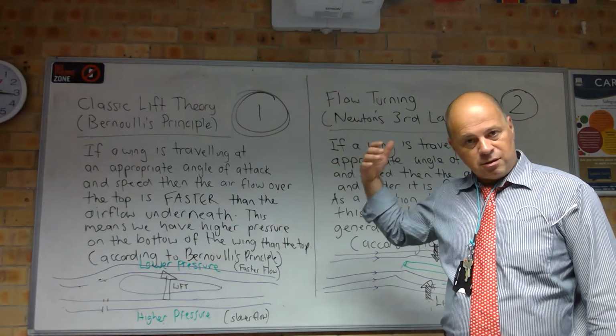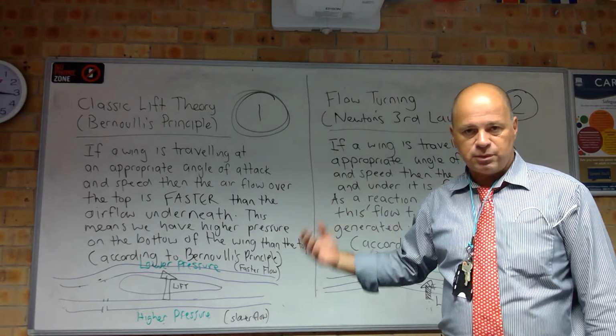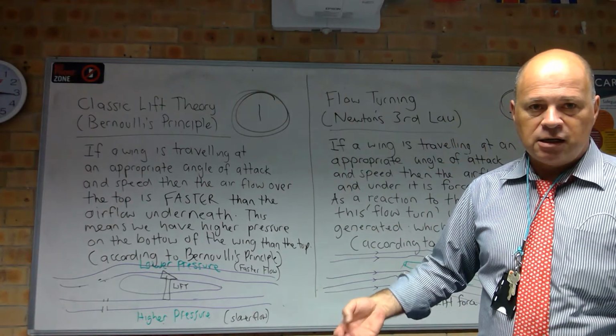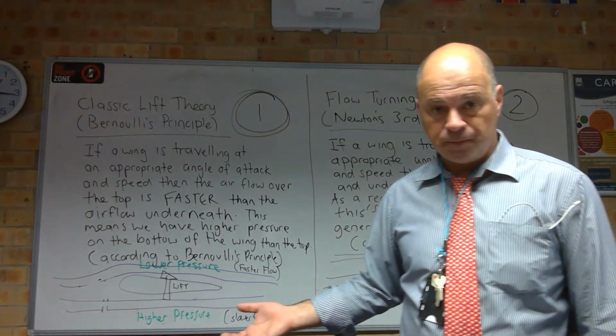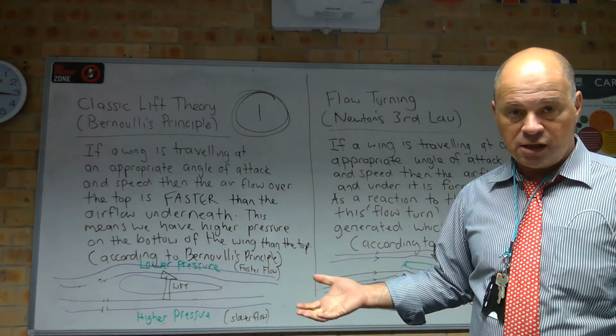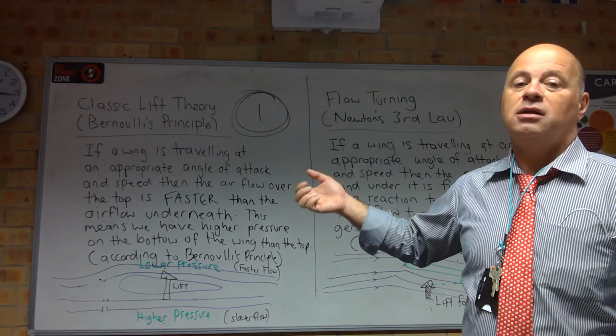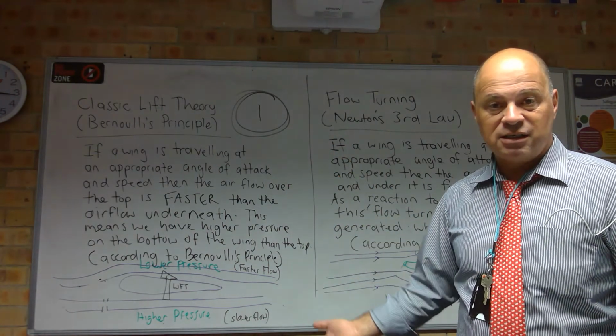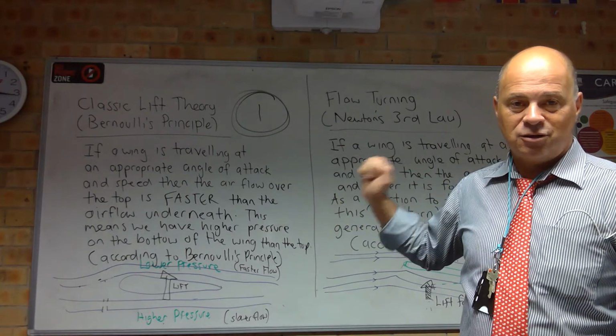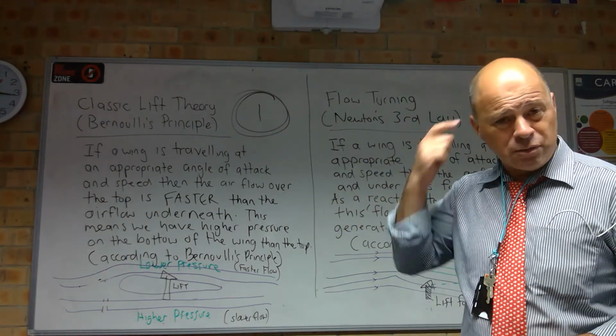Okay, wing traveling at the appropriate speed and angle of attack has slower flow and higher pressure underneath, and faster flow and lower pressure on top. This pressure difference generates lift. Okay, two definitions. Hopefully that helps.